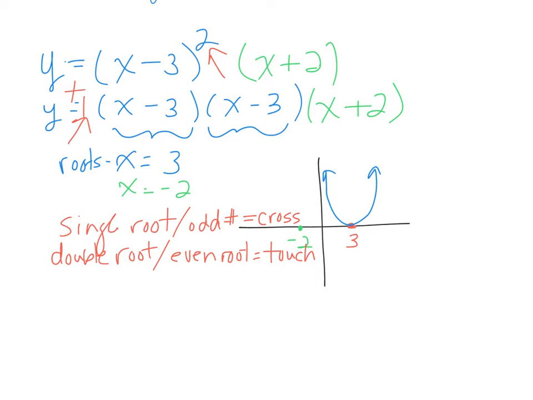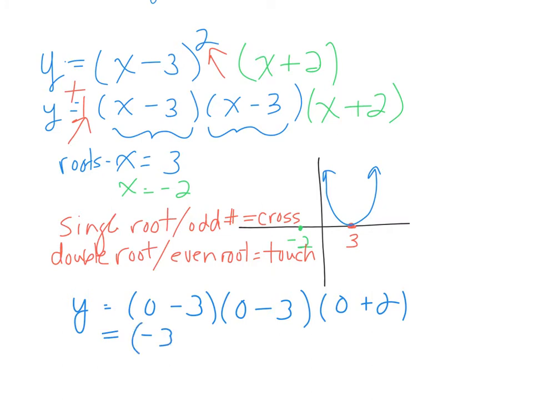So my y is going to be equal to 0 minus 3 times 0 minus 3 times 0 plus 2. So that's going to give me negative 3, positive 2. So 9, 18. Ooh, yikes. So my y-intercept is going to be way up here somewhere.